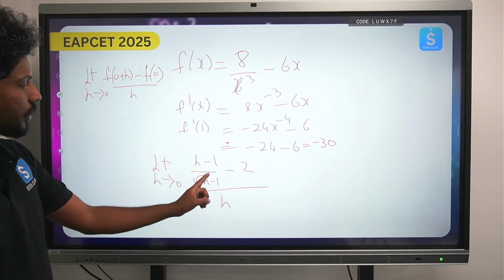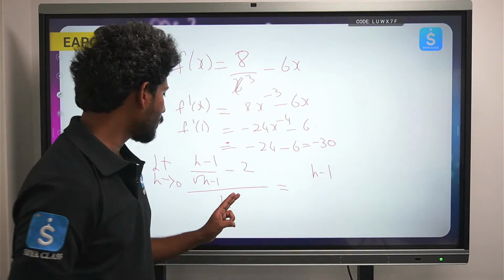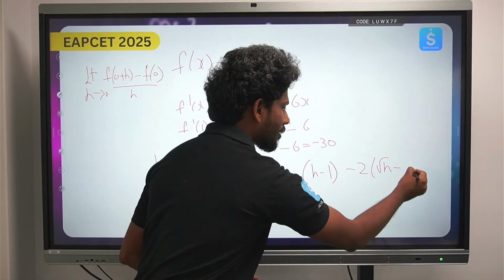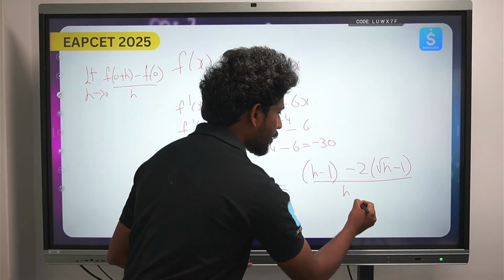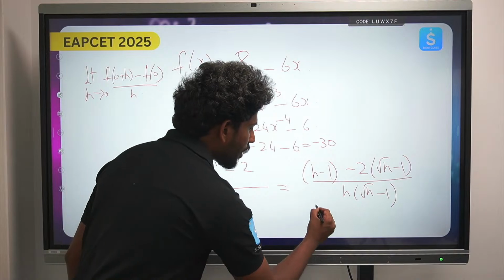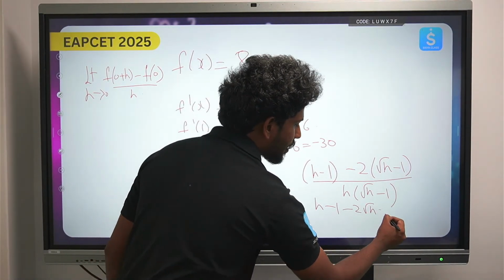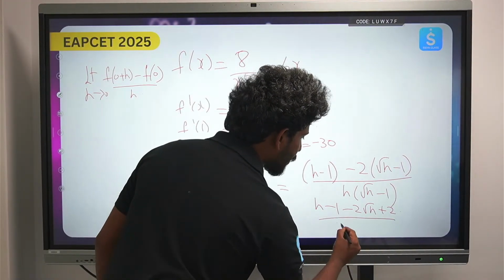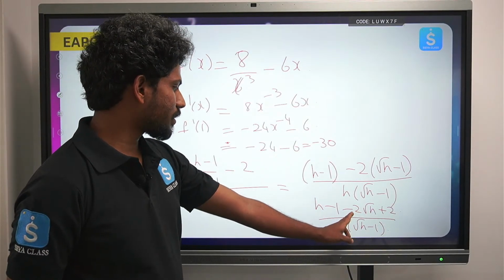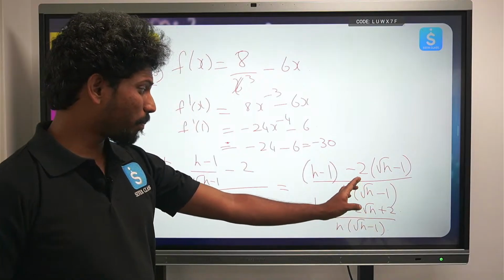So this will ultimately be h minus 1 minus 2 root h minus 1 by h into root h minus 1. So this will become h minus 1 minus 2 root h plus 2, by h into root h minus 1. h minus 2 root h, this will become minus root h, and minus 1 plus 2 will become plus 1.